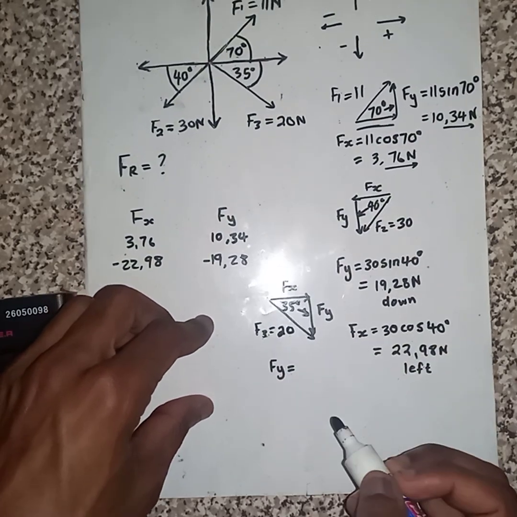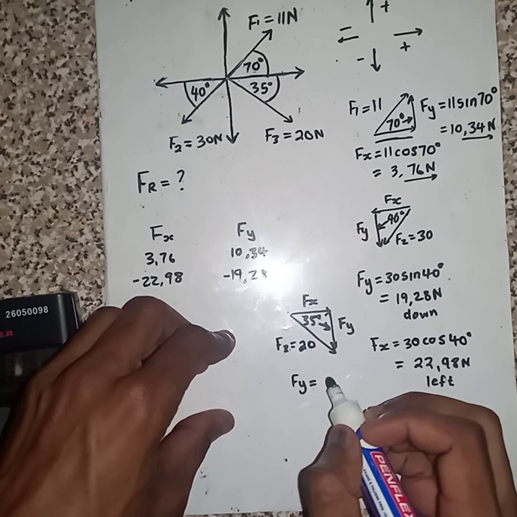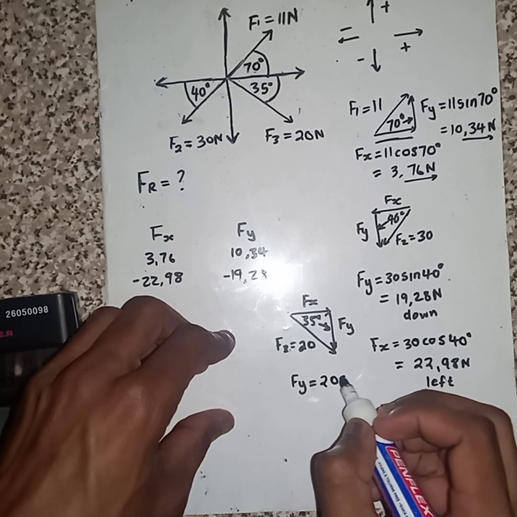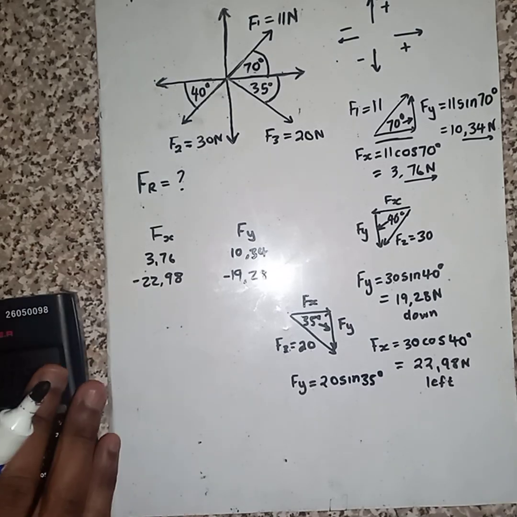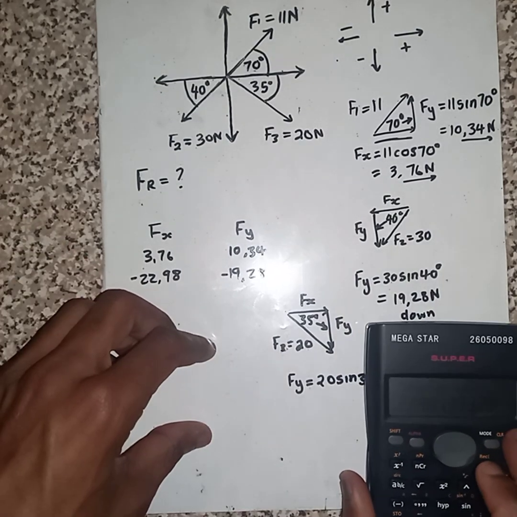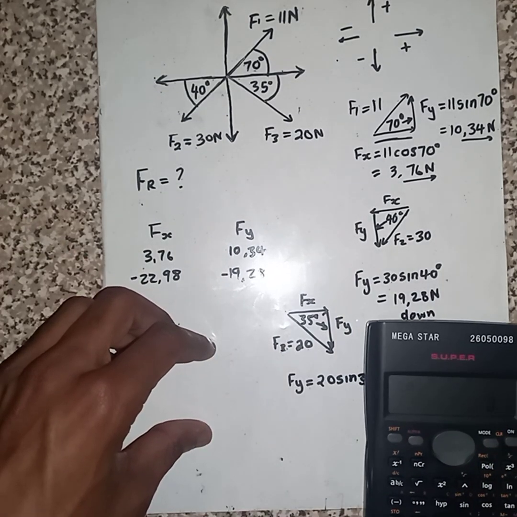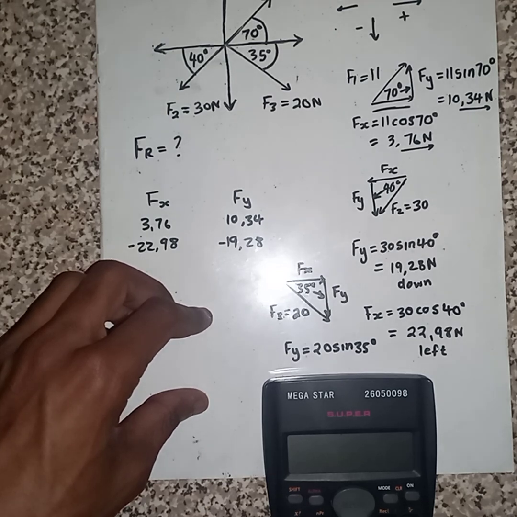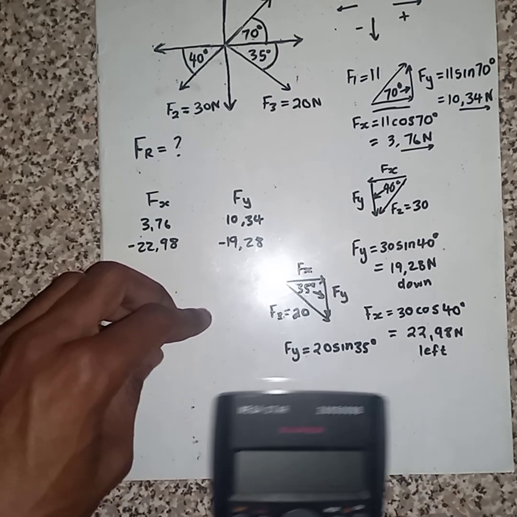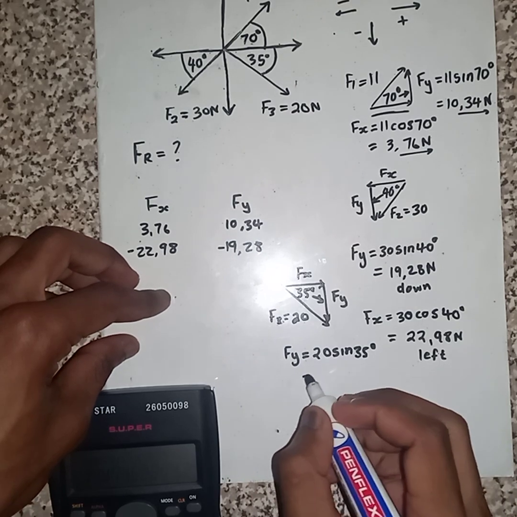So we're going to say 20 sine of 35 degrees. Let's see what we get. 20 sine of 35, not 30. We get 11.